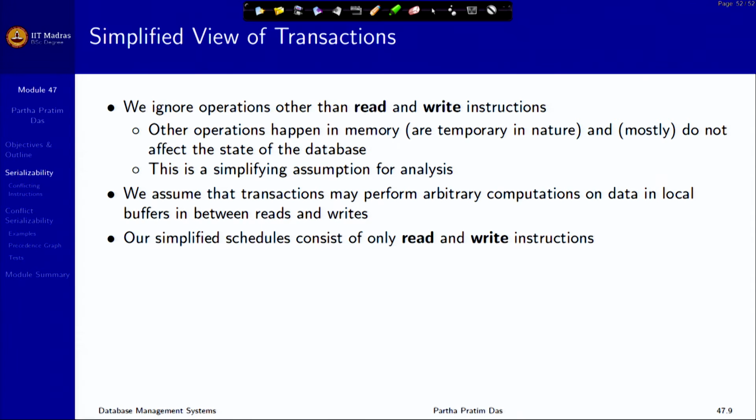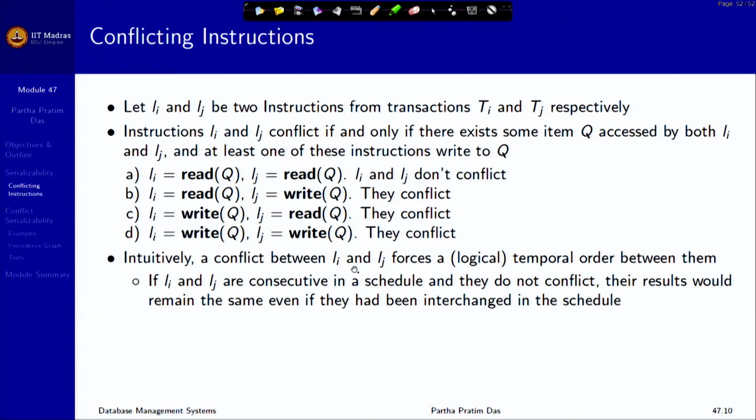The read and write is what would affect the consistency of the database, unless there is a logical error in a transaction, which is a different thing, right. So, we will assume that schedules consist only of reads and writes, and not look at the rest.